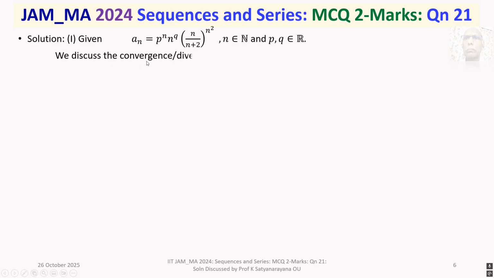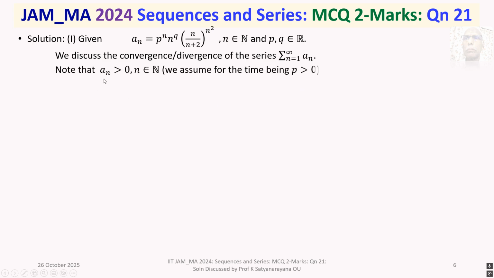We discuss the convergence or divergence of the series sigma a_n. Right. Note that each term a_n is positive for all n belonging to N. Here we assume for the time being p, q greater than 0. It's not p, it is q.